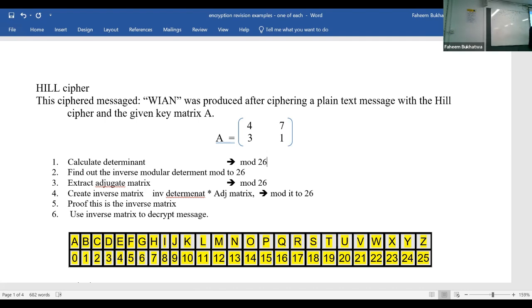And you will not have this grid. You'll have to come up with it yourself. The 0 to 25 grid.